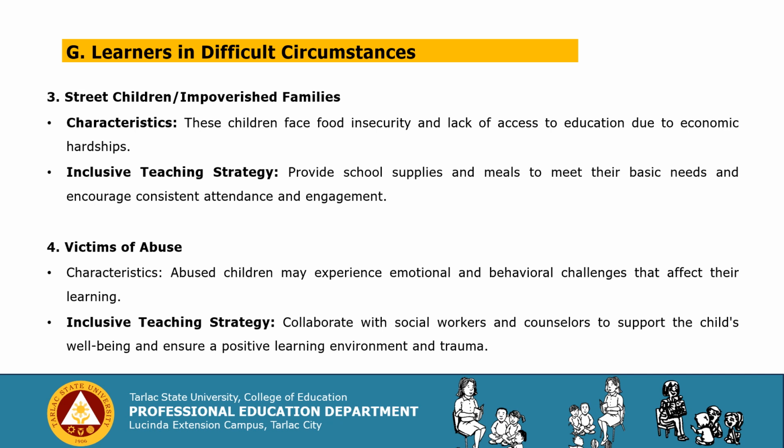An effective inclusive teaching strategy for these children involves providing essential school supplies and meals, addressing their basic needs to create a more conducive learning environment. By ensuring that children are nourished and equipped for school, educators can encourage consistent attendance and foster greater engagement in their studies.